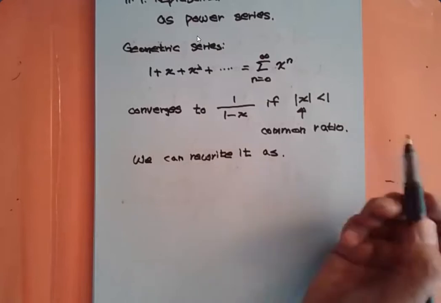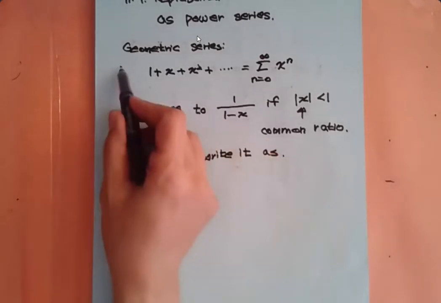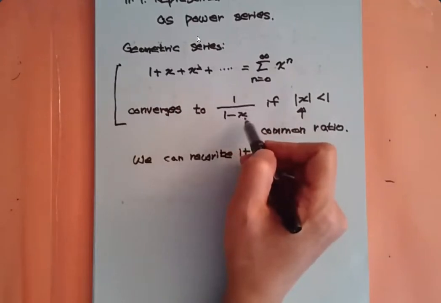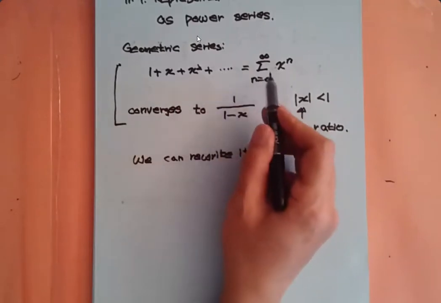What we are saying here is that 1 over 1 minus x can be identified with this series.